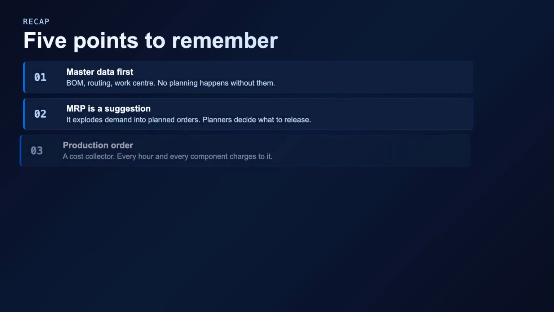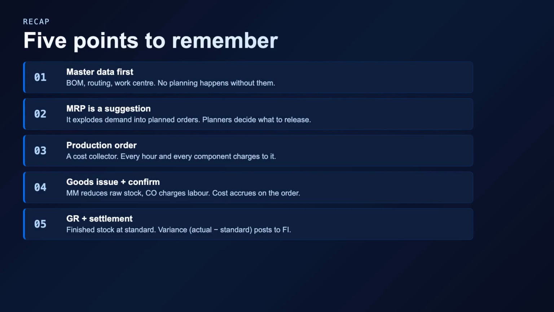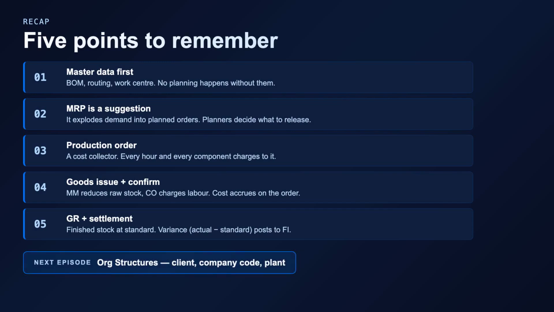Quick recap of plan to produce. Master data first. BOM, routing, work center. No planning without them. MRP is a suggestion. Planners decide what to release. The production order is a cost collector.